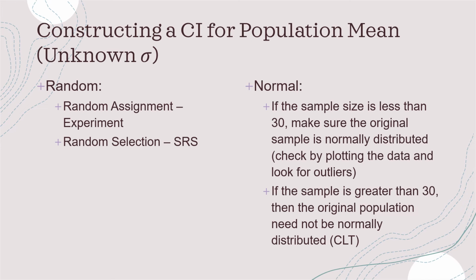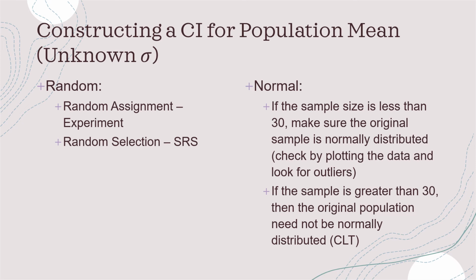Under normal, if the sample size is less than 30, then make sure that it is normally distributed. What you'll want to do is plot a quick dot plot and see what the shape looks like. If it looks fairly normal, you're good. You're looking for outliers. If there are major outliers, you want to mention it, for example, when we did a dot plot, it looked like there were a lot of outliers.